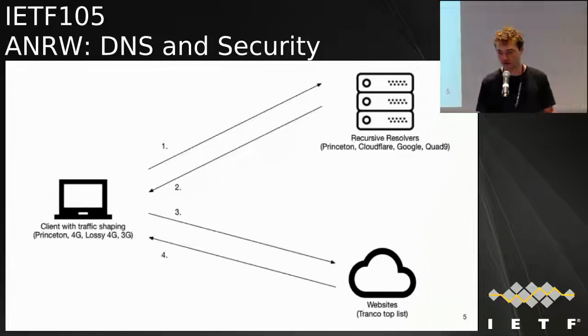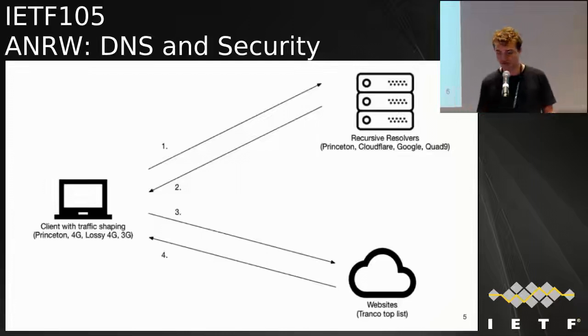And then you're actually, in steps 3 and 4, going to load content from these web pages that you just performed DNS queries for. And we use the Tranco top list, which I believe was presented at NDSS. It's just taking basically Alexa and other top lists, averaging them over a period of time.